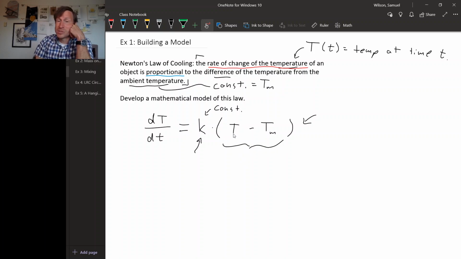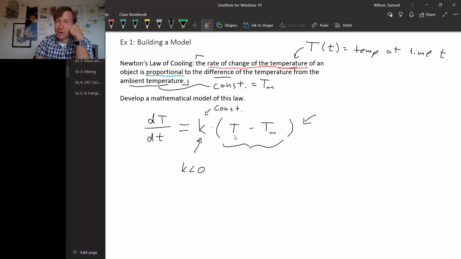That means that the object is warmer than the environment. And if the object is warmer than the environment, then the object should cool down. That means the rate of change should be negative. So if the stuff in parentheses is positive, the result should be negative. That means k should be negative. So that makes us think, well, k probably should be negative.